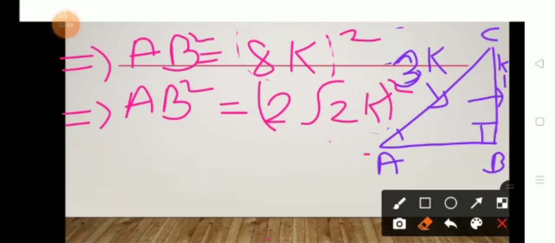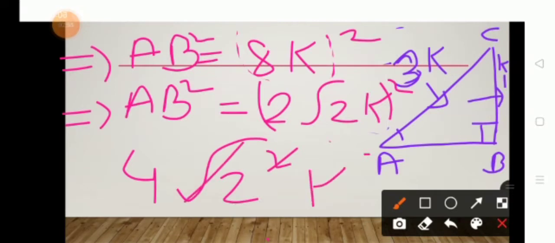Square 2 root 2: 2 times 2 is 4, and root 2 squared cancels the root, K squared remains, 4 times 2 is 8K squared. I can write 8K squared in this form. Remember this.